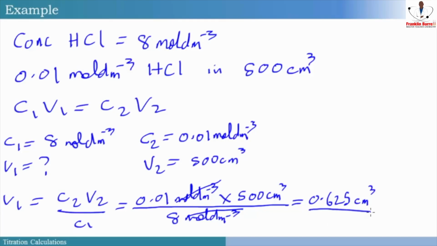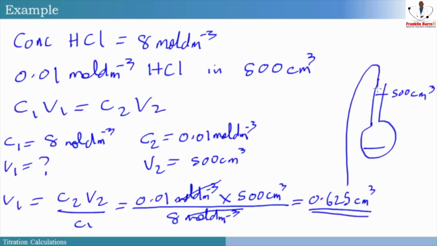If this is the volume that we get from the calculation, in order to get this concentration of 0.01 moles per dm cube HCl, I would then need to measure this volume and place it into a 500 cm cube volumetric flask, dissolved in water, it's aqueous already, and then make up to the mark and ensure that the meniscus is sitting on the line.